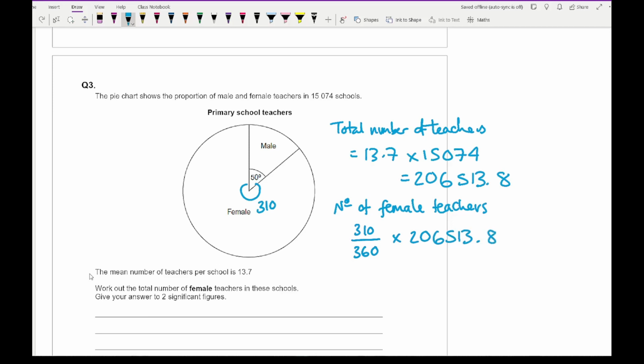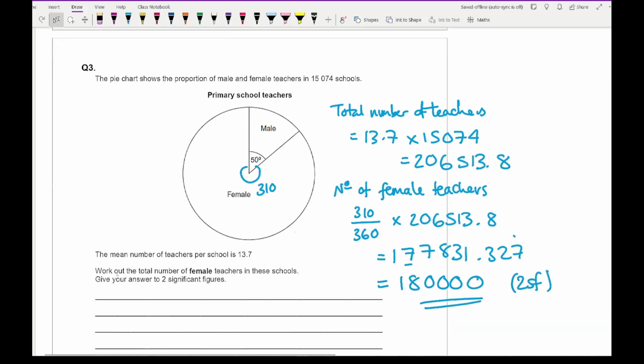Then if we type that all into our calculator, we should have an answer of 177,831.327 recurring. And then we just want to round that number to 2 significant figures. So it's going to be to the nearest 10,000, which is going to be an answer of 180,000. And that's been rounded to 2 sig figs.